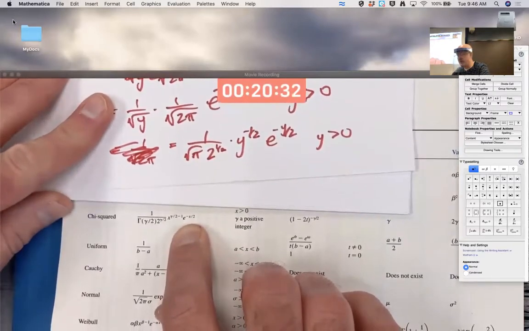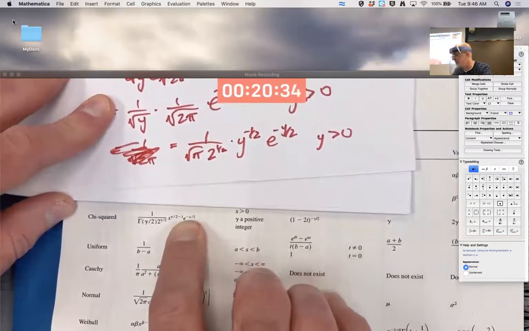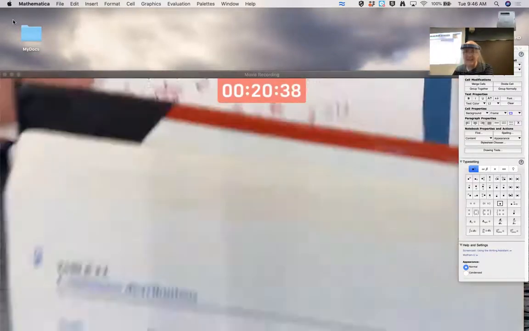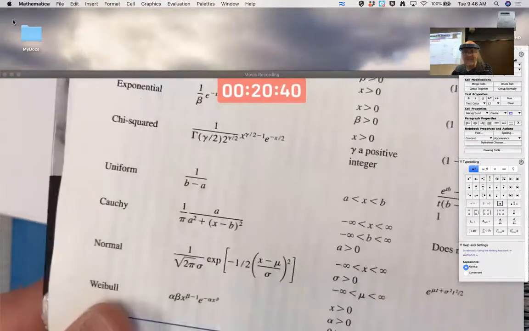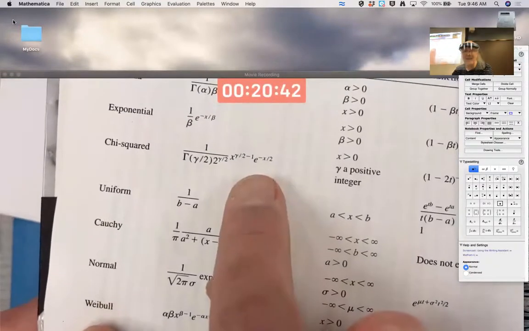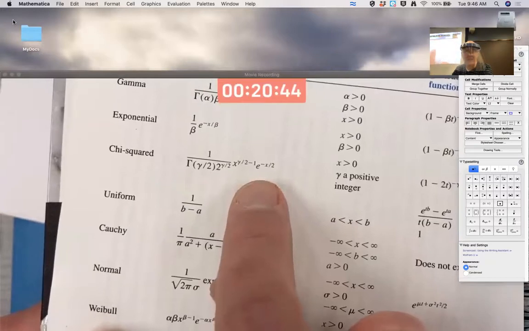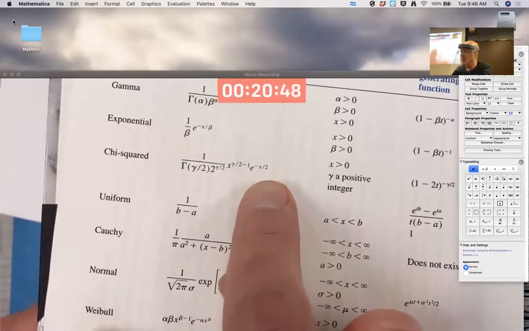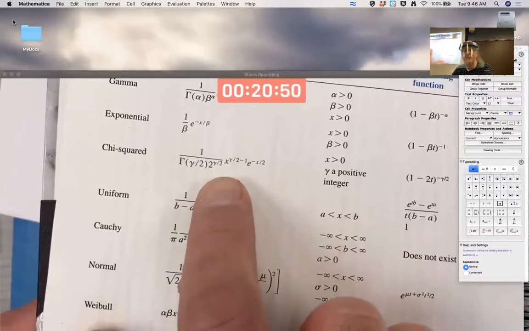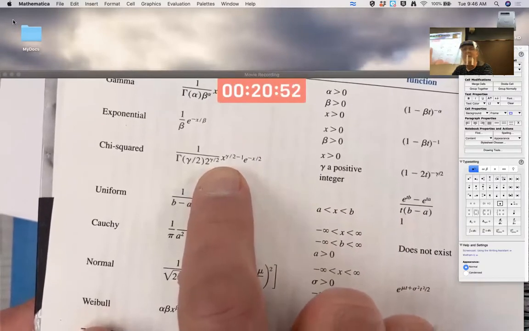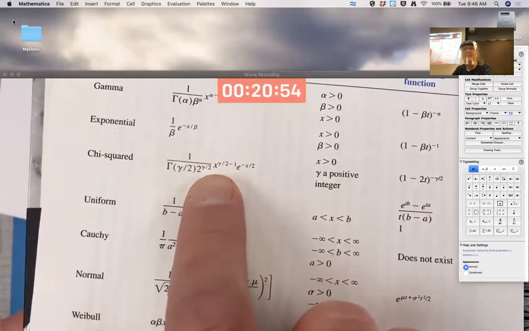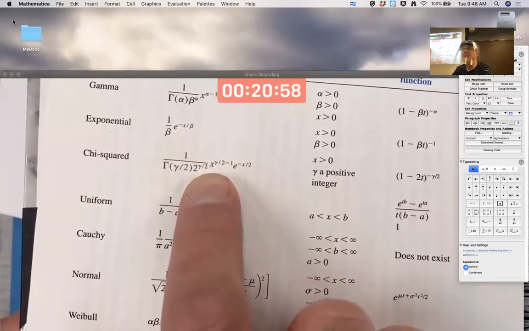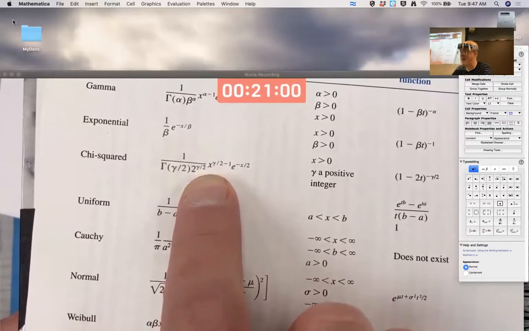You can look in your book if you like. Page 136. Right there. Except a y instead of an x. We got an e to the negative y over 2. We got a y to the negative 1/2. That's going to fit this pattern if the little gamma is what? 1. 1/2 minus 1 would be negative 1/2.